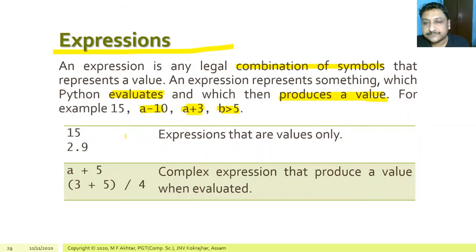Simply 15 is also an expression in a computer, but it is a number. In programming technical terms, it is said that it is an expression. 2.9 is also an expression. Those are only values, but in technical terms we can say that they are expressions.